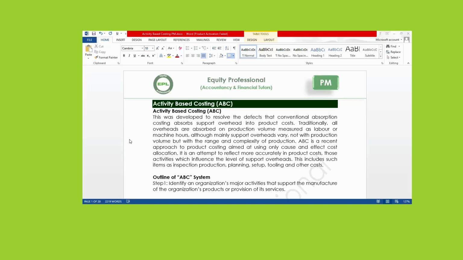Direct cost. These are costs incurred and can be traced to a particular product. Direct costs include direct material cost, direct labor cost, direct expenses.